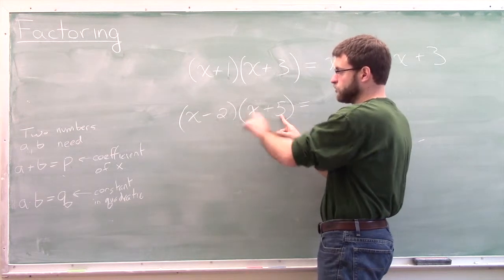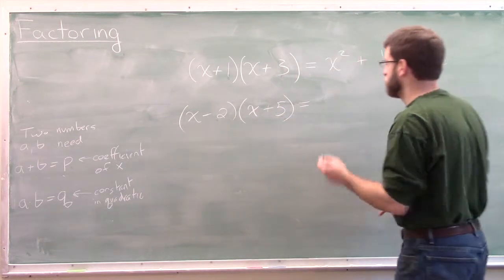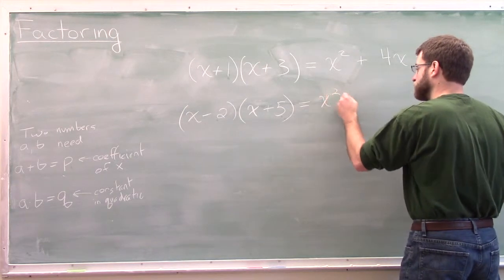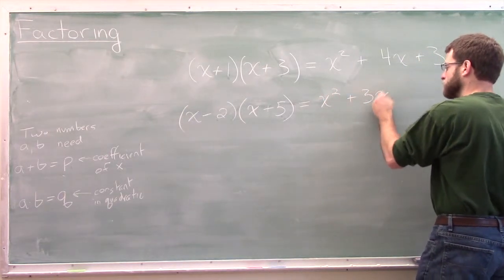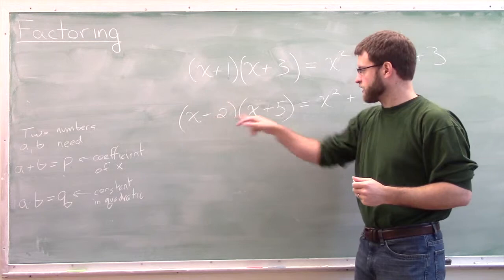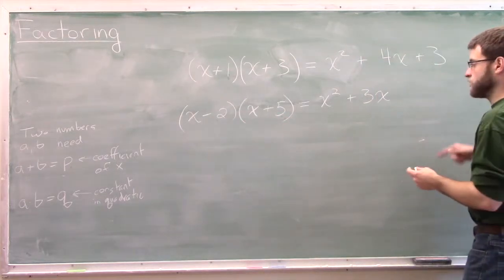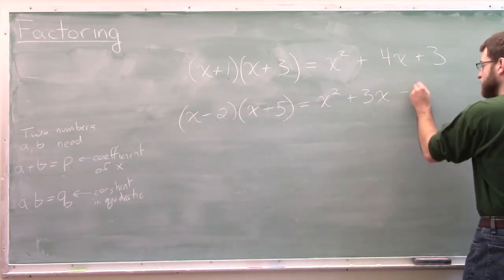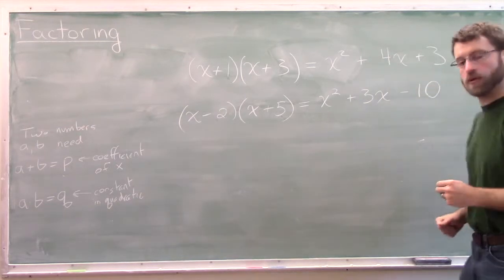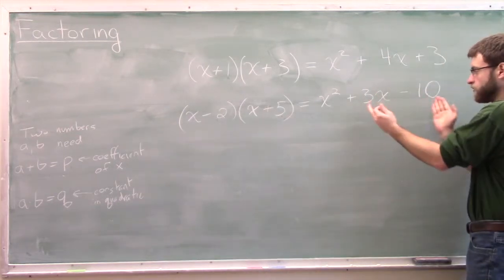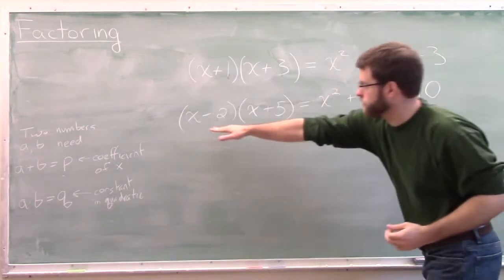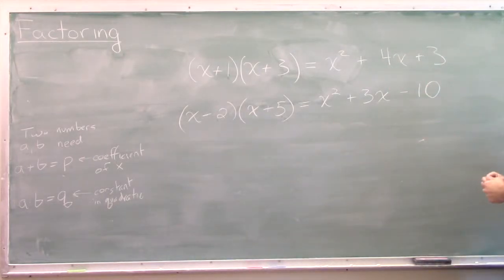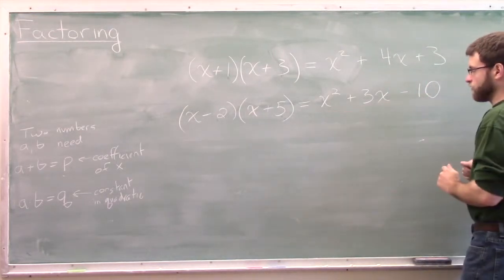So negative 2 plus 5 is going to be positive 3. And the product of these numbers, negative 2 times 5, that's going to be the q. So negative 2 times 5 is negative 10. Okay? So this is the multiplied version of this factored polynomial. Okay, this is it in standard form.